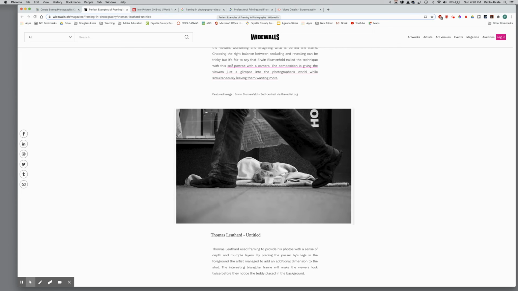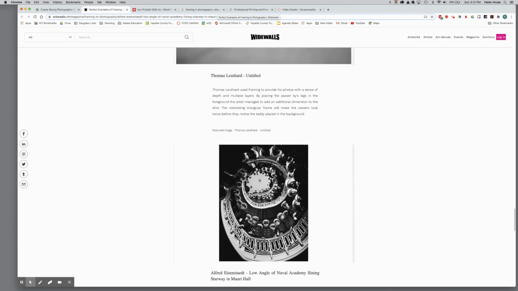So it kind of gives you that effect of not only is this being used as the frame, but it's also the direction the person is walking away, and you kind of see what they're just walking past, and you get the feeling that this right here is not noticed by the person.